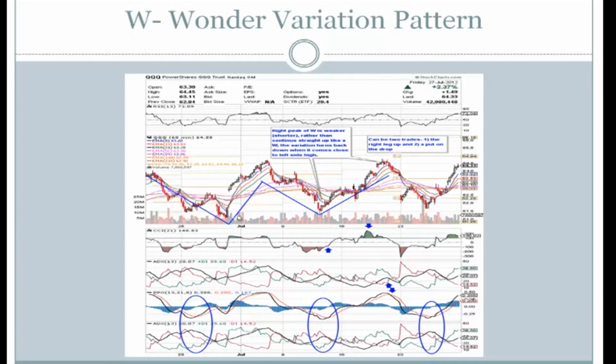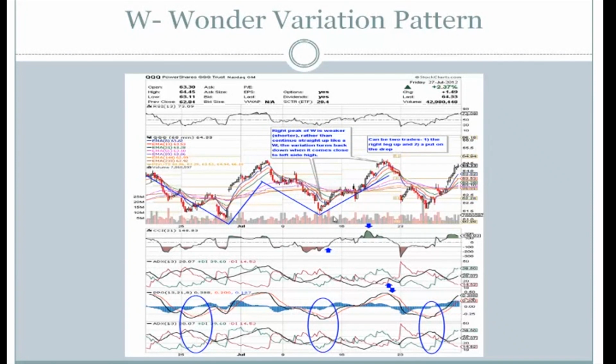It doesn't get to this support level to really give it a good test, and it pops up and it creates the right side of the W, but instead of continuing up and going higher than the middle point, it goes up and then it reverses.